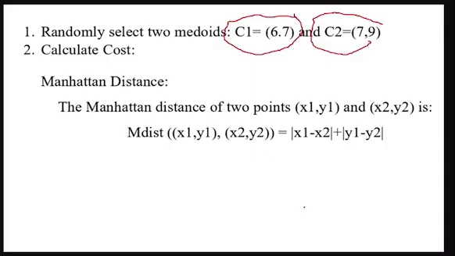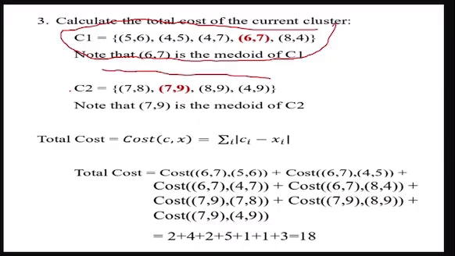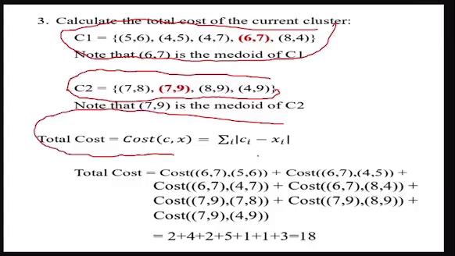Okay, now if I want to do the total cost, I need to pay attention. Take a look at this. That guy falls in group 1. That guy falls in group 2. The one in red is the medoid. The one in red is the medoid. But you know what I want to do right now? I actually want to find the total cost of my classification.